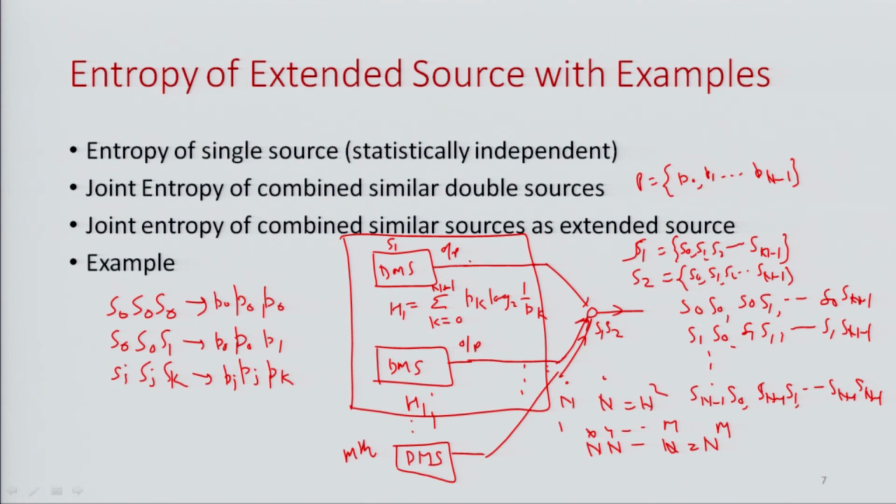Then using the basic equation of entropy, H extended equals the sum of the extended probability times log base 2 of 1 upon P extended. Suppose there are n to the power m symbols, then we can index them with L, where L goes from 0 to n to the power m minus 1.